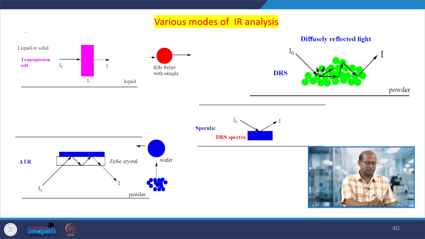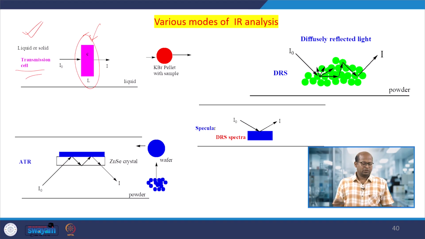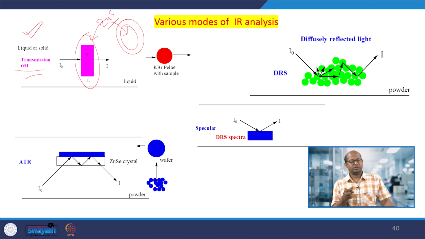So here suppose we have a liquid sample, so in transmission cells, called a cuvette, there we can put those samples, or a zinc selenide window is there, this type of cylindrical flat cell made of ZnSe. So in between two ZnSe windows we can place the liquid sample, and then IR may pass through in transmission mode, and then we can get that spectra.